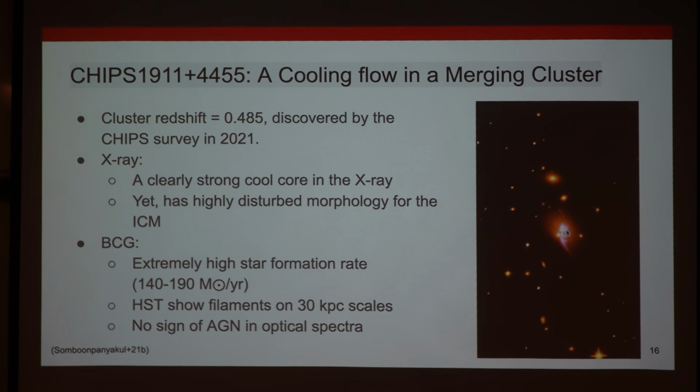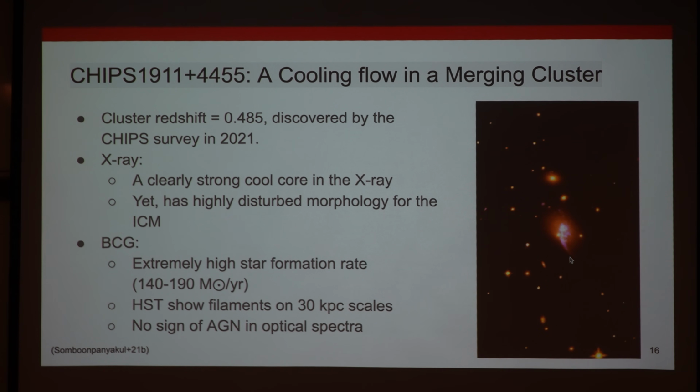And then if we measure the star formation rate of the BCG here, we measure roughly about 140 to 190 solar masses per year, which is also extremely high. Actually, one of the highest star formation rates ever detected. Well, Phoenix is the highest, and then there are a few more, and this is one of the higher ones. And then with the Hubble observation, you can see that the filament is roughly on the order of 30 kiloparsec scale.